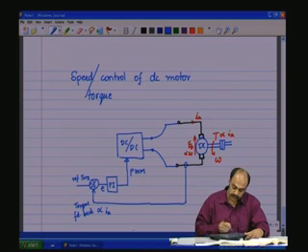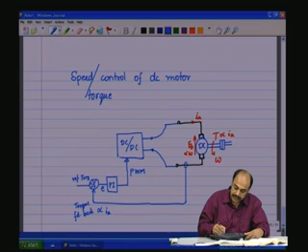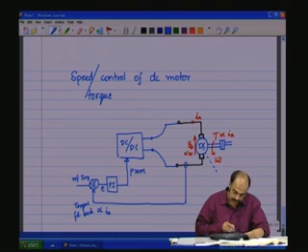Over and above that, we can also have a speed control by measuring the speed of the DC machine by a tacho, or the voltage across the brushes, which gives you the back EMF.